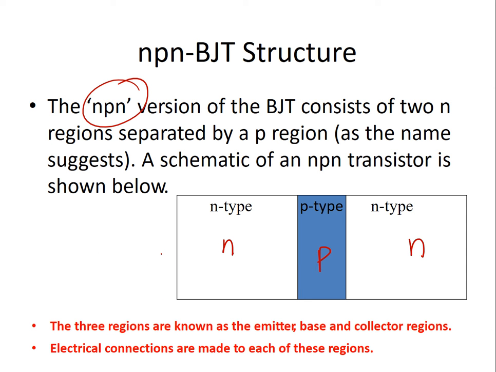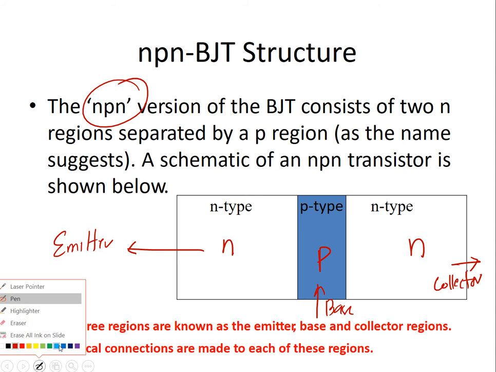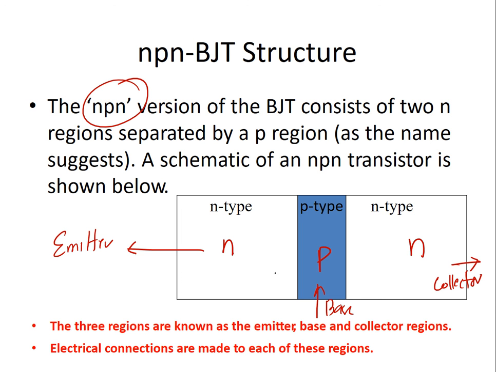This one is called the emitter, this is called the base, and this is called the collector. Emitter, base, and collector.